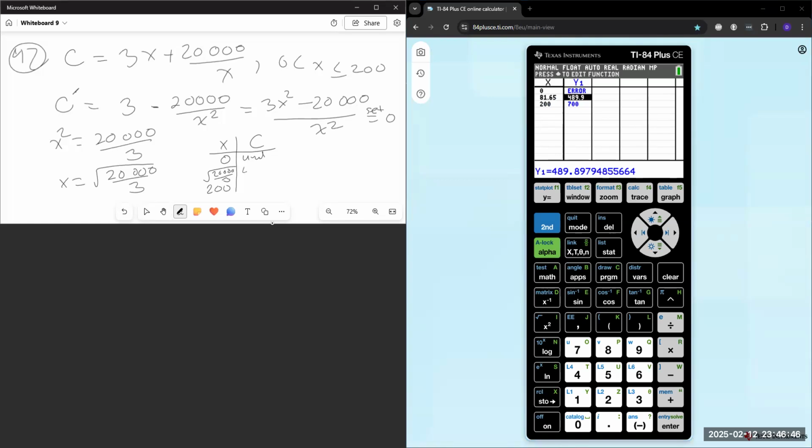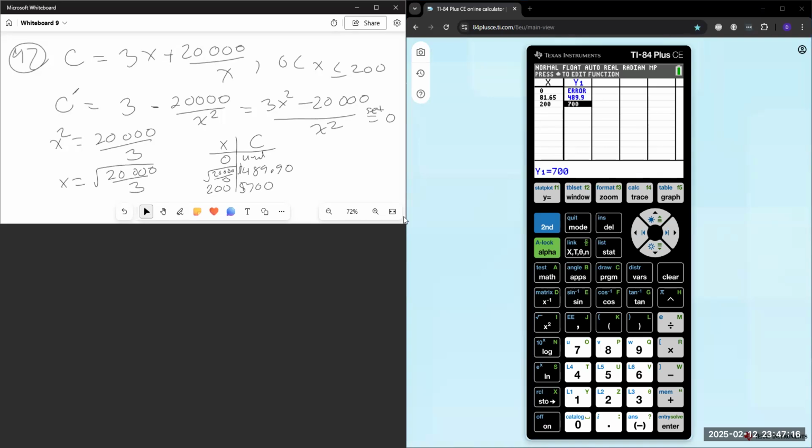This is 489.90. These are in dollars. Let's see, are they in thousands of dollars or something like that? Just dollars. And then 200 comes out to be 700.